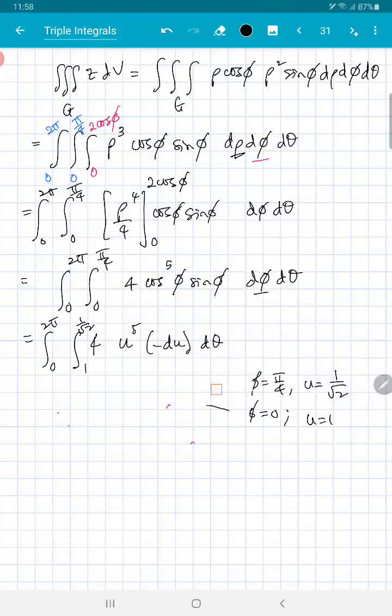Here we have negative 4. Replacing u with 1 over square root of 2, we have 1 over square root of 2 to the power of 6. This is really 1 over 2 to the power of a half, to the 6, which is 1 over 2 cubed, which is 1 over 8. So we have 1 over 8 minus, and then replacing u with the other limit, which is 1, we have 1.